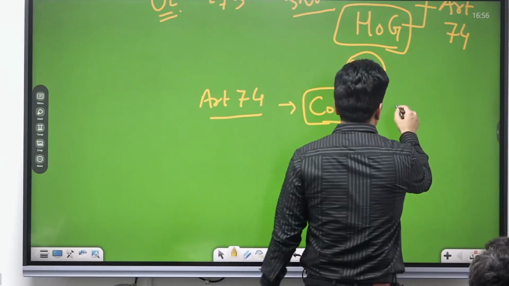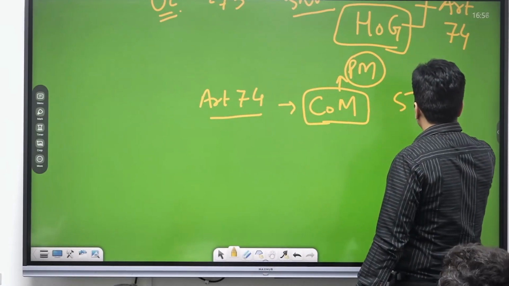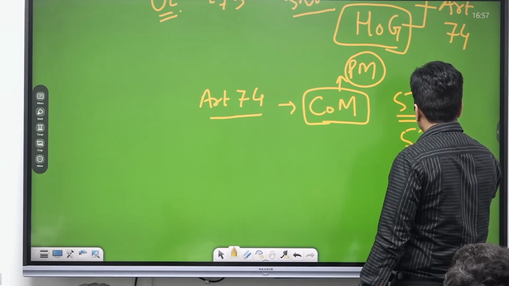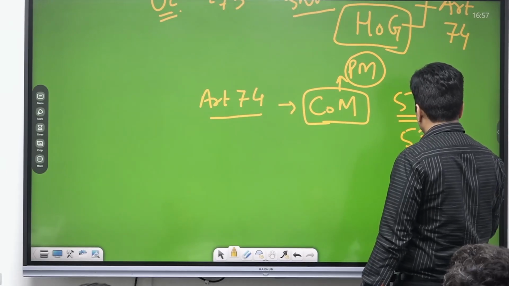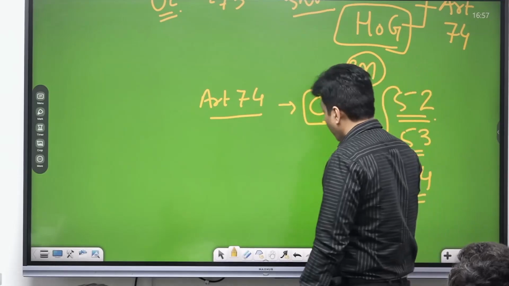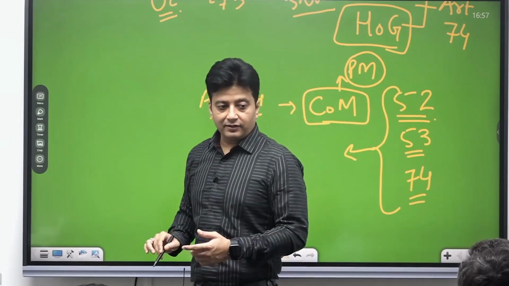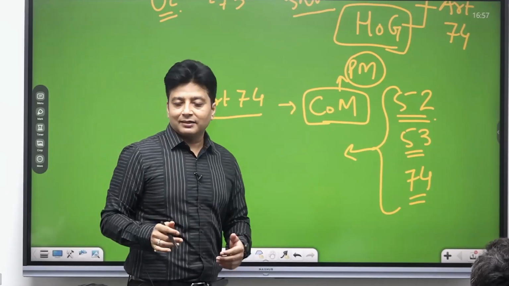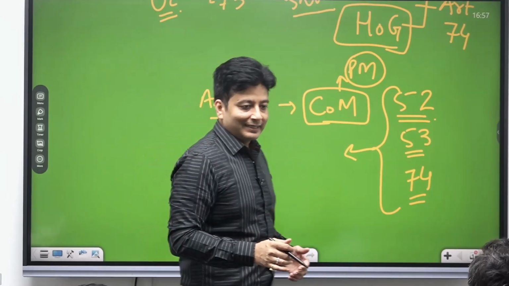Now the combined setup of Articles 52, 53 and 74 makes the position very much complex and also clear for why we are having such a president who is sometimes called a rubber stamp, right?